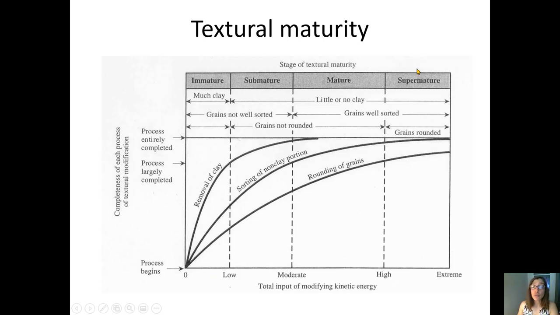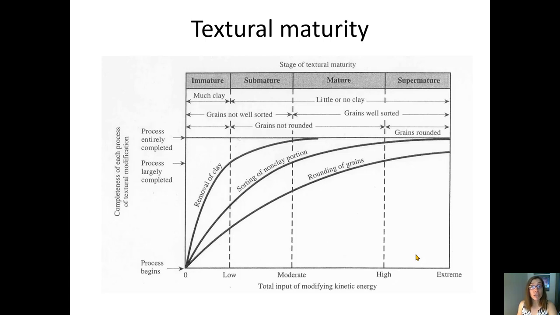Compared to a supermature sediment or sedimentary rock, where there's little to no clay, the grains are well sorted, which means that all of the particles are of a similar size. The grains are rounded, and we know that we have experienced a high degree of transport and weathering processes, both chemical and physical. So we'll be using the amount of clay, the amount of sorting, and the amount of rounding to describe the textural maturity of our rocks.